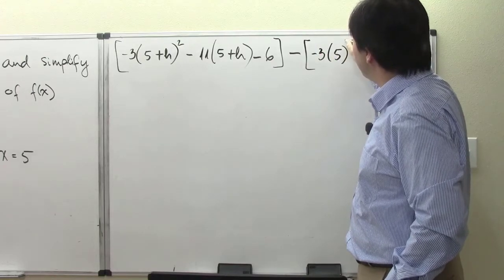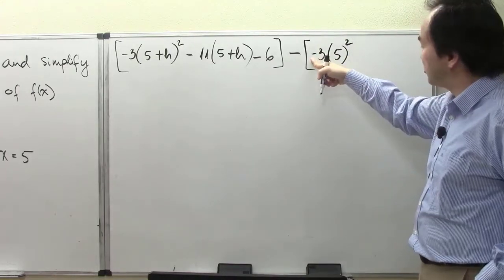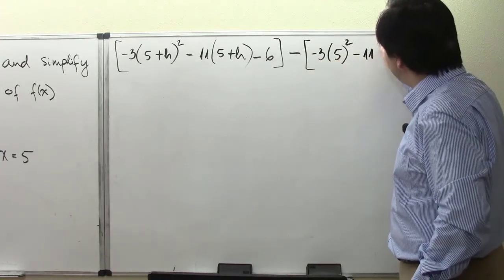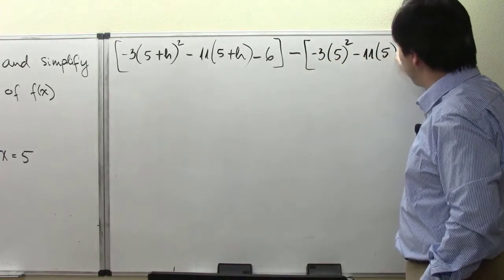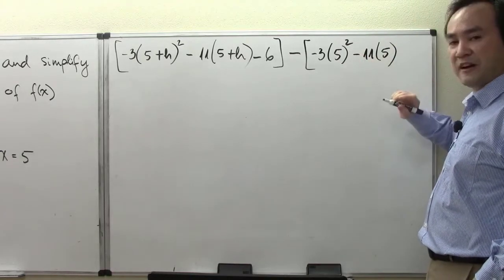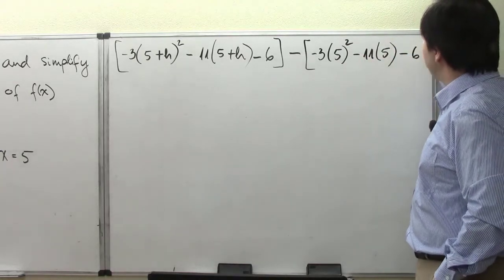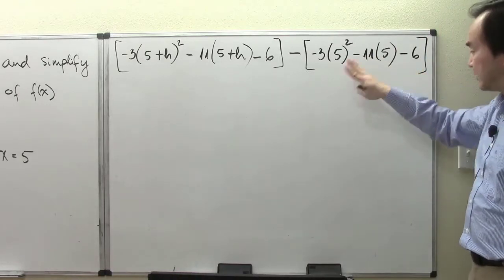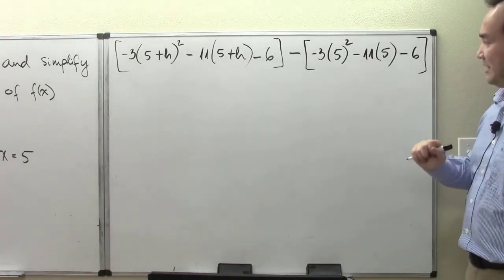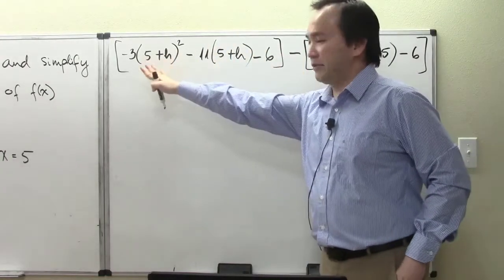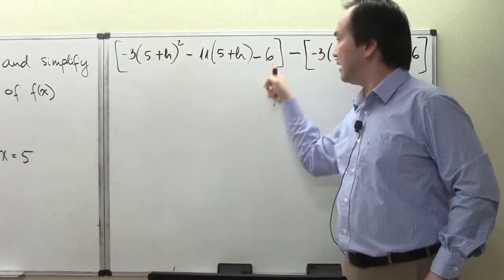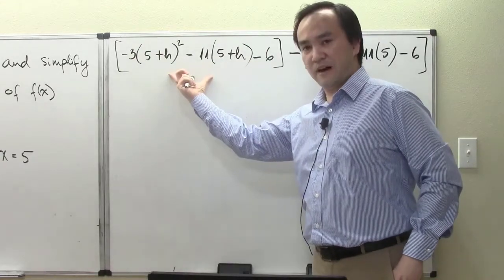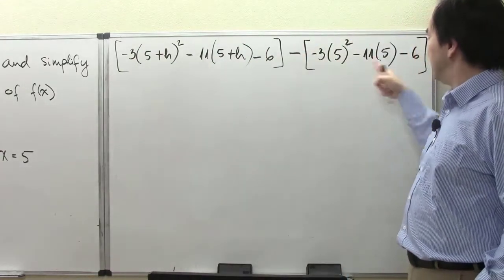Input now is substituted by 5, so minus 3 times 5 all squared. Minus 11 times the input, just the inputs. So minus 11 times 5 minus 6. So all that here, ladies and gentlemen, this is f of 5. Okay, so that's why clearly we have 2 groups. This here in that first pair of brackets, f of 5 plus h minus f of 5.